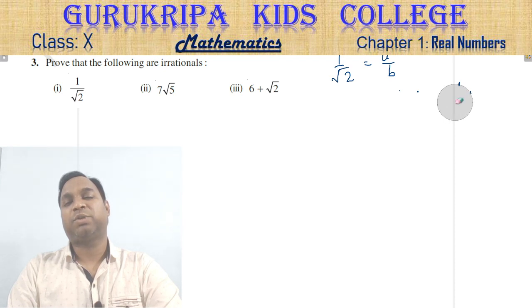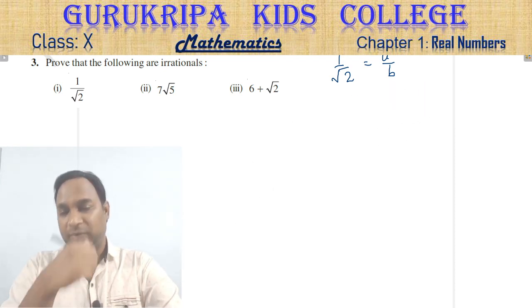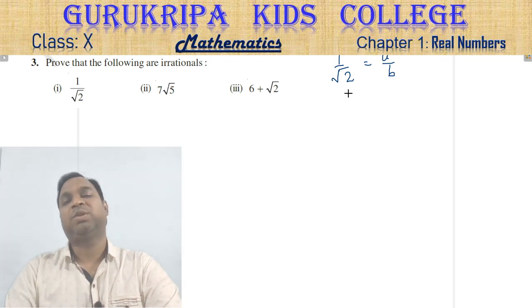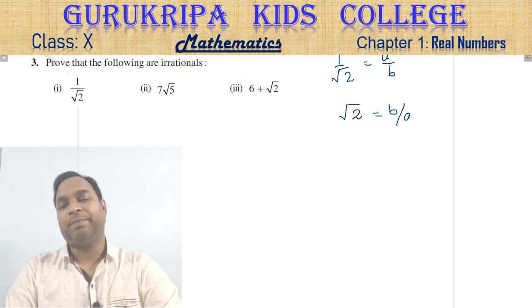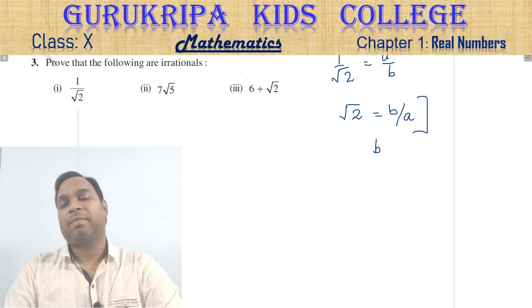We already know that square root 2 is irrational. We can use that fact over here. So what will we get? Square root 2 is equal to b upon a. And b upon a is rational.